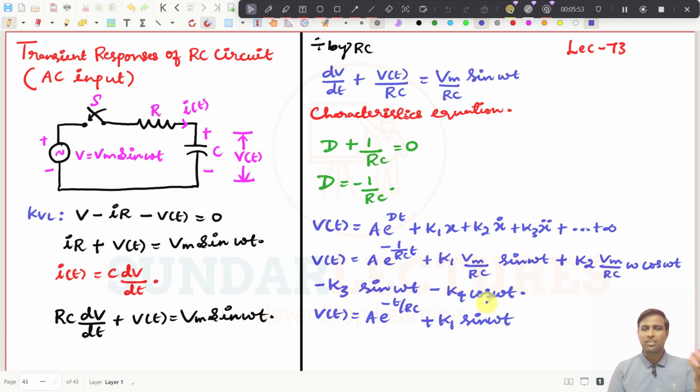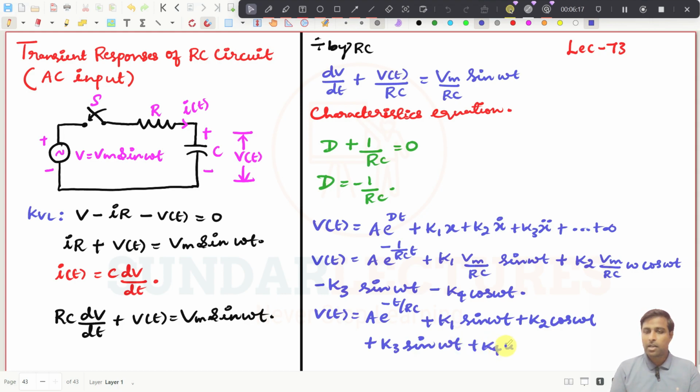Maybe you write with a different constant, you can use A or B or C, anything. Then plus K2 cos omega t, and then this value, whether it is minus 1 or plus 1, it will be a constant, right? So K3 sin omega t, and then plus K4 cos omega t.